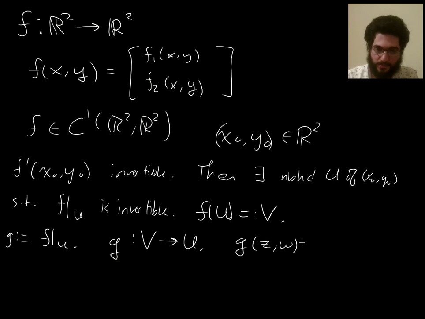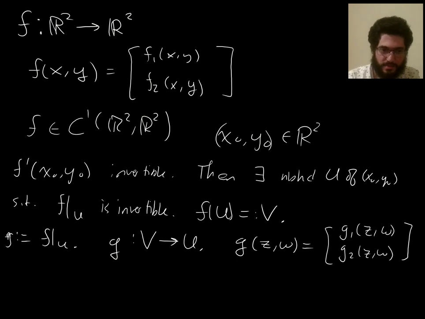G of z and w has two components, g1 of z and w and g2 of z and w. And, oh, sorry, I meant to say define g to be the inverse here. The inverse of f restricted to U.